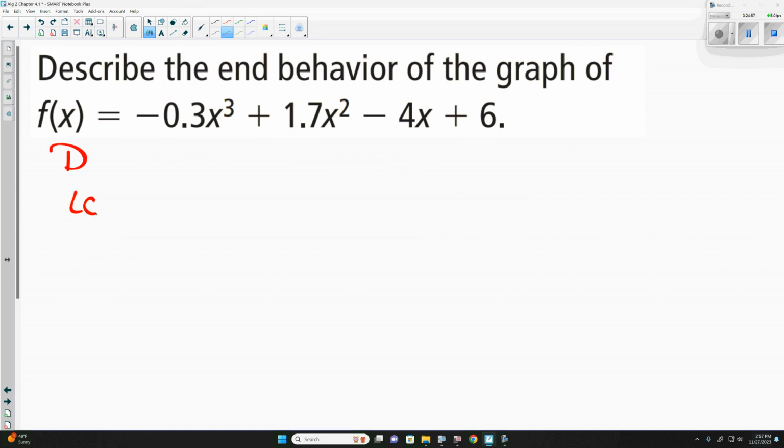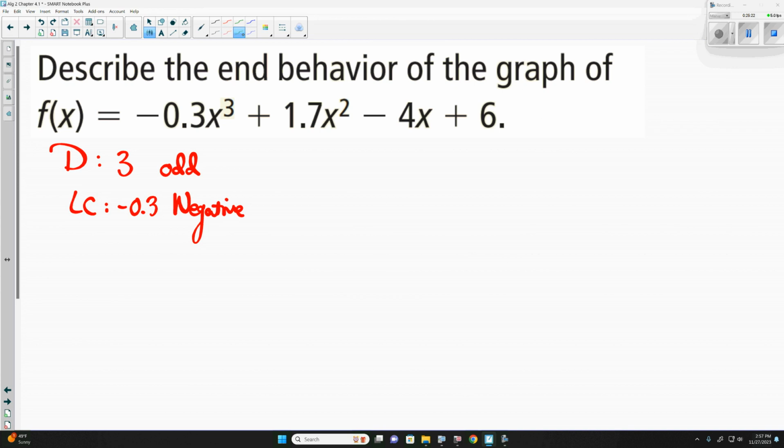What is the degree for this function here? The degree is odd. The leading coefficient is negative.